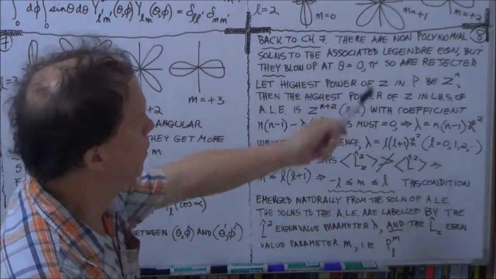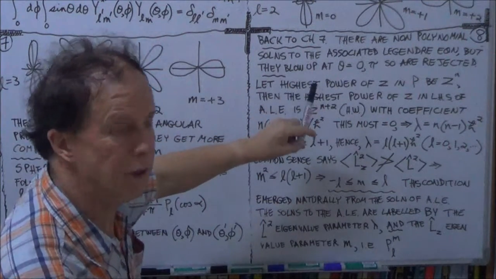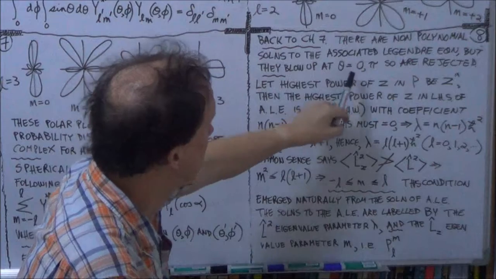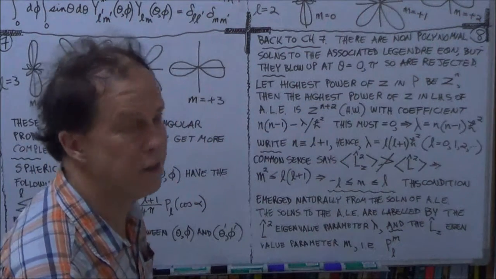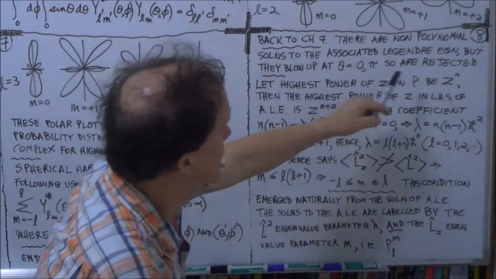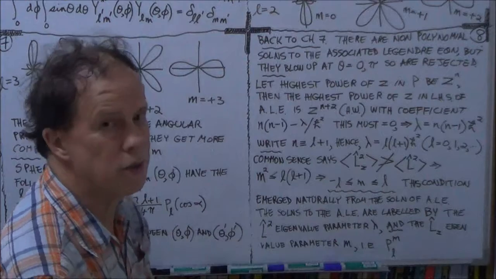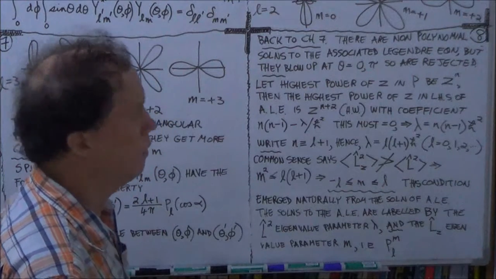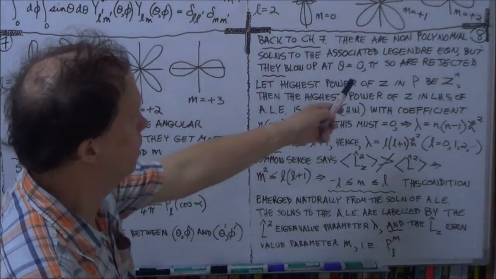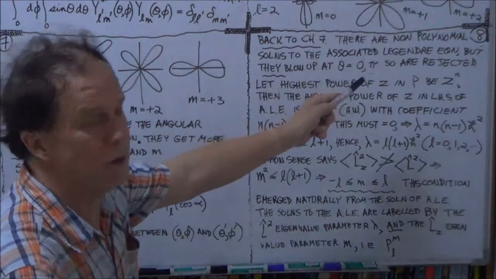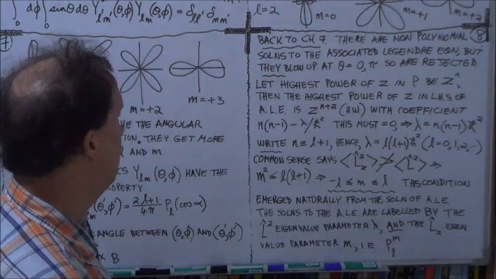This is just for your information. The problem is they blow up, become infinite when theta is 0 and pi. And physicists hate infinities, so those solutions are rejected. There are non-polynomial solutions, but they're not accepted in physics because they have these infinite values under these circumstances.